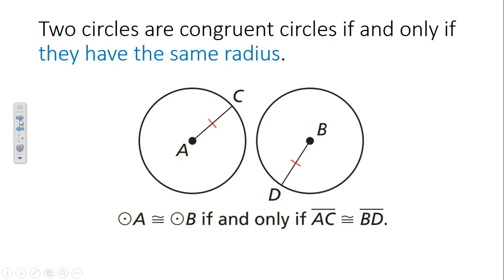The great thing about circles, not a lot of edges, not a lot of angles, right? They only have 2 parts. They have a center and they have the exterior of the circle, don't they? So if 2 circles are congruent, it's because they have equal radii.